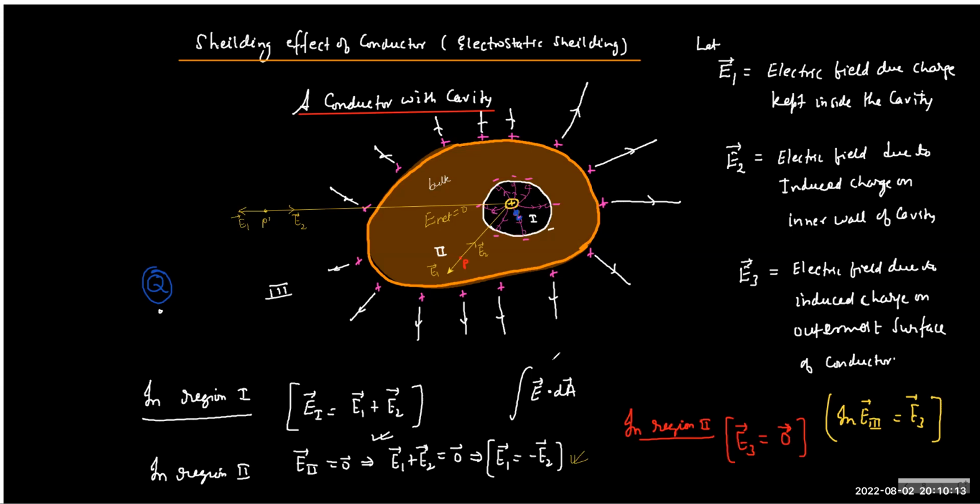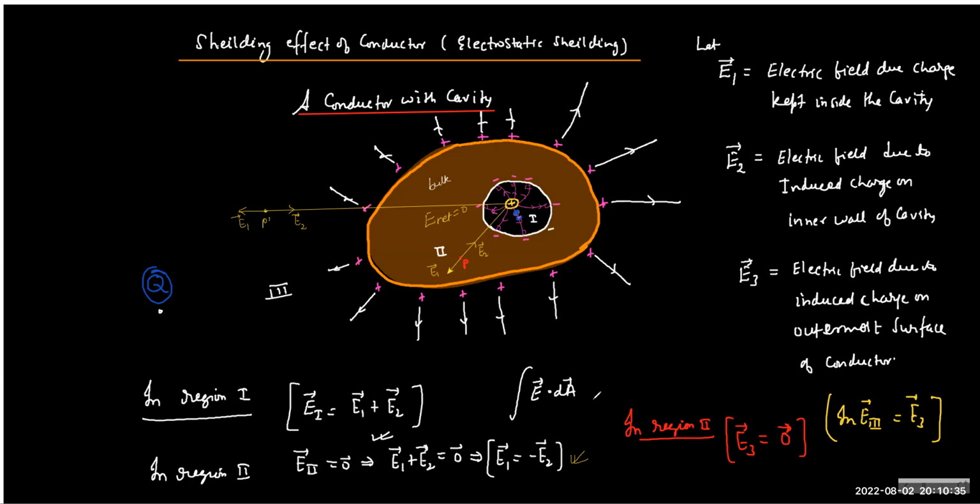So in region 3, the field is only due to the outer surface, because anyway E1 and E2 will cancel out each other's effect, right? So whatever interaction will occur with the world outside the conductor is due to the outer surface charge. Is this clear, guys? This is very, very important.